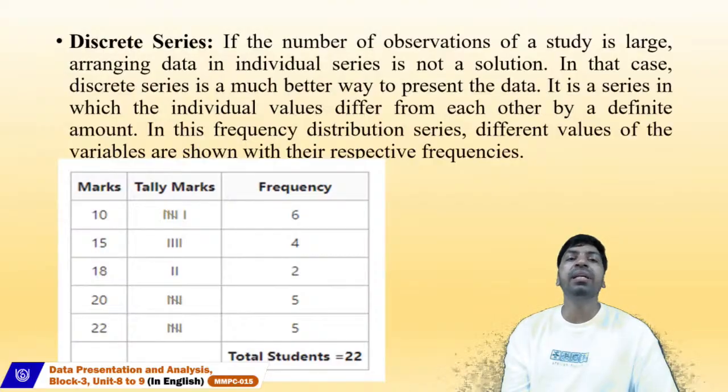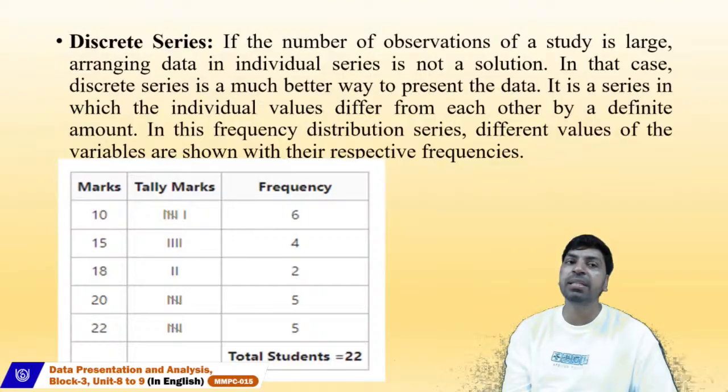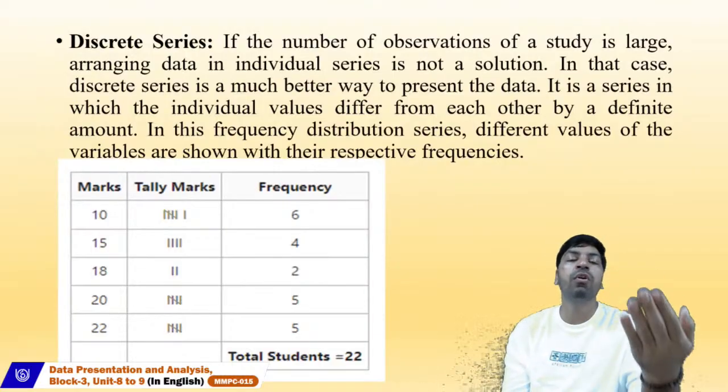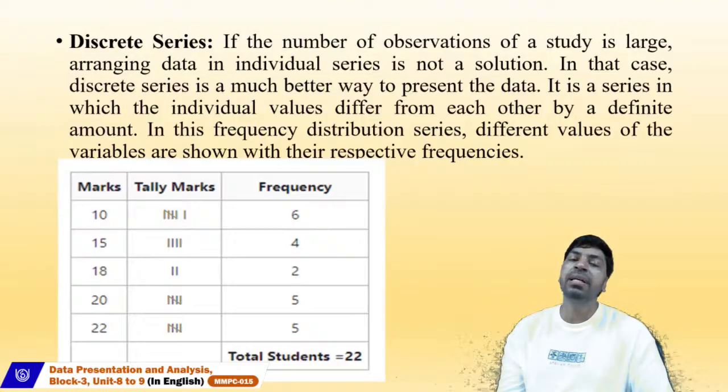Next one is discrete series. If the number of observations of a study is large and arranging data in individual series is not a solution, then we move to a discrete series rather than an individual series. Because when the data is large, discrete series is always a better way to present the data in an organized manner.